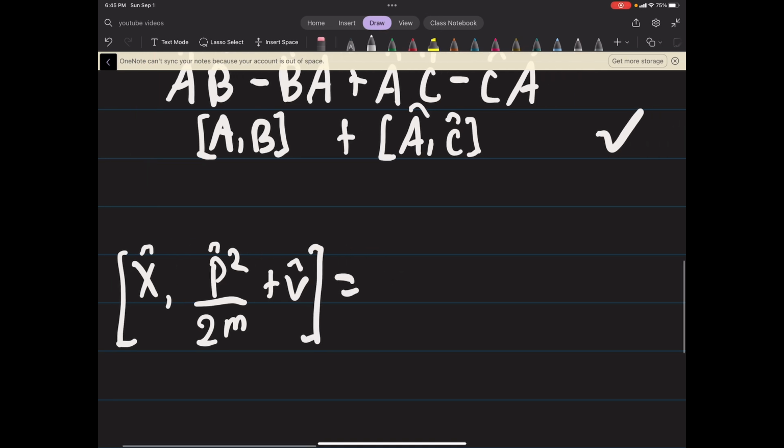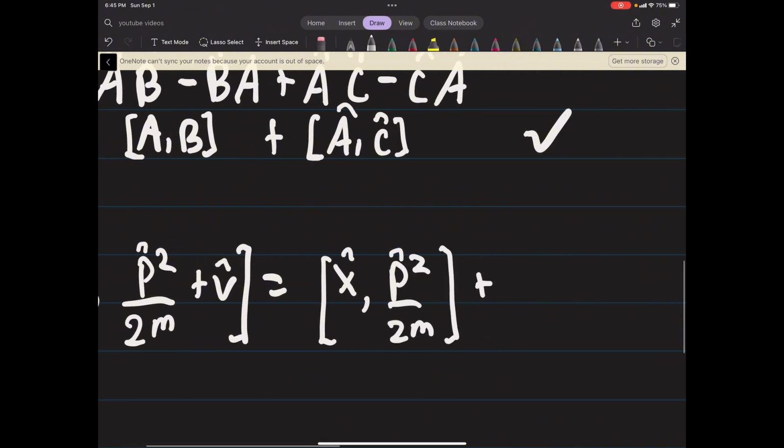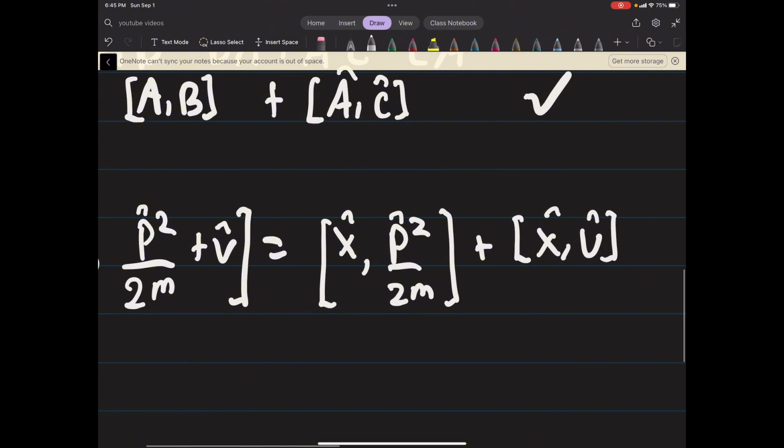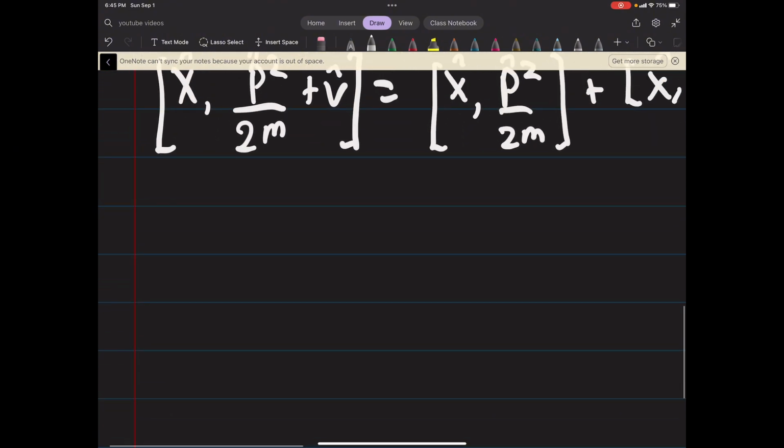This can then be expressed as the commutator of x with p squared over 2m, plus the commutator of x and V. Okay, and that'll make this problem a little easier.